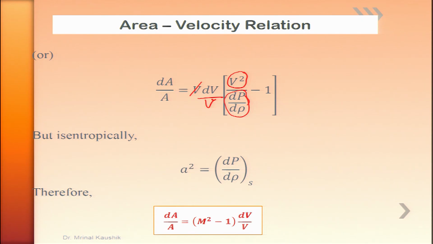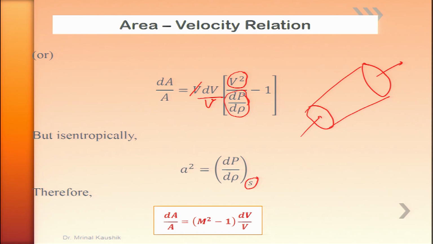Now, since the process in the stream tube is happening with changing area reversibly, and since no heat transfer is allowed from this stream tube, an adiabatic assumption is also inserted. Doing so, this dP by d rho, we can say is happening isentropically. The flow entering and exiting is basically isentropic.